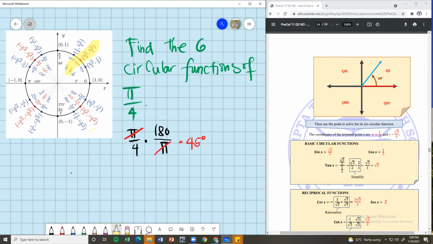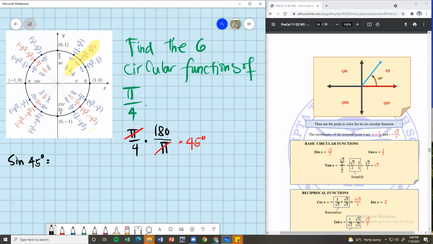And so from here, you can already get your sine and your cosine. Ready? So therefore, sine pi over 4 is equal to, we change it pala to degree. Let's make it degree na lang. Lubusin na natin. Sine 45 degrees.